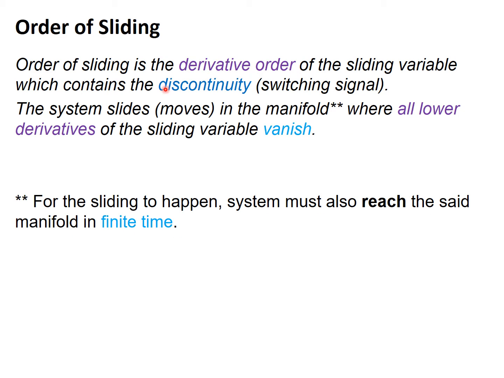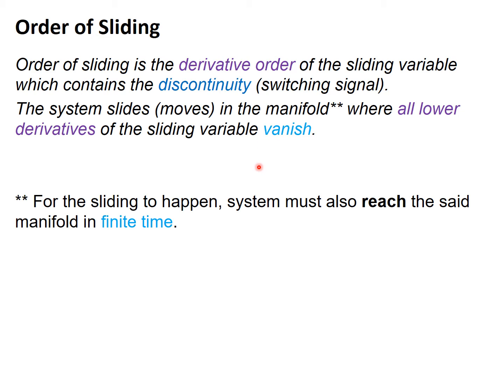This discontinuity, the switching signal, which you think is a control action, but let us only suppose that this is a switching signal, must bring about this phenomenon. What is that phenomenon? That the system should come into the manifold which is defined by this, the manifold where all lower derivatives of the sliding variable vanish. This is the manifold.